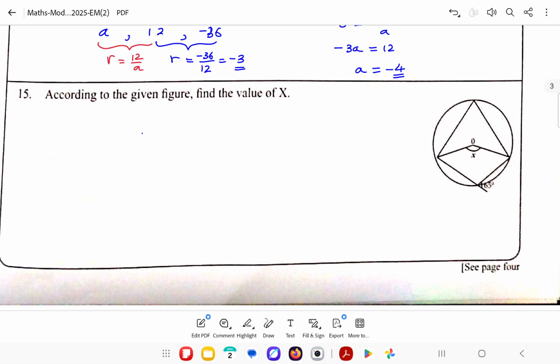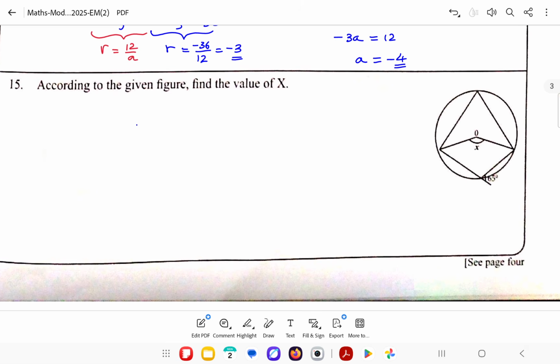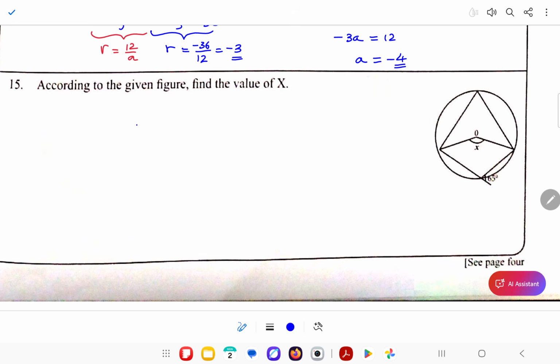Right. Question number 15. According to the given figure, find the value of x. So this is 65 degrees, means this is 115. Then this is a cyclic quadrilateral, so this one has to be 65 degrees, because opposite angles of a cyclic quadrilateral, when you add them, is equal to 180 degrees. Then x is what?